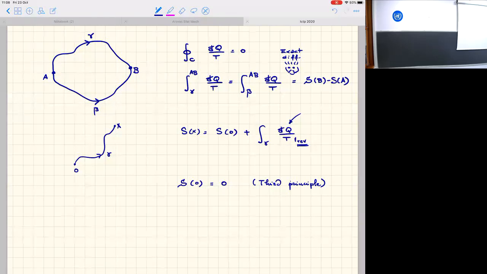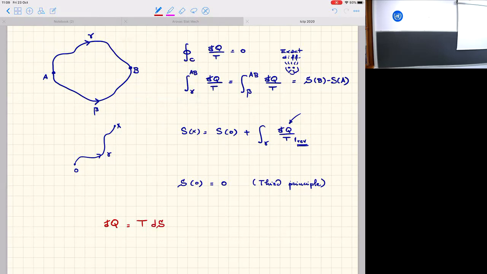Okay, so this said, in practice, the most important thing that we will use concerning entropy is that the heat exchanged with the environment on an infinitesimal reversible transformation is of course equal to TdS, right?